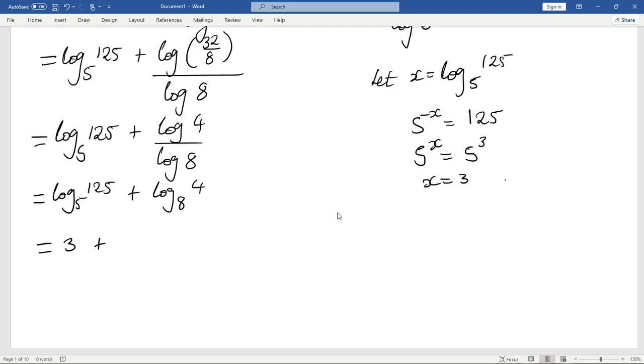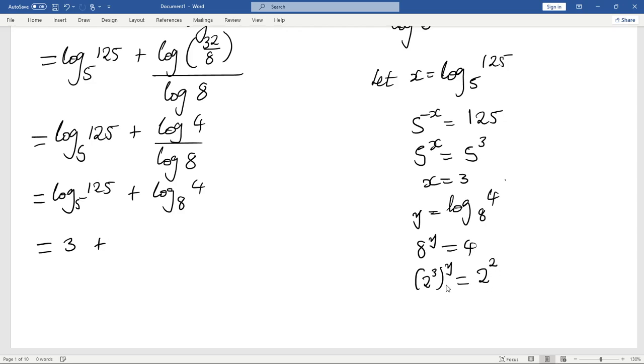We do the same thing. Suppose we let y be equal to log 4 to the base 8. In exponential form, this is the same as 8 to the power y equal to 4. We can convert these two into having the same bases. So 8 is the same as 2 to the power 3y, equal to, we check this side, this as well is the same as 2 to the power 2.